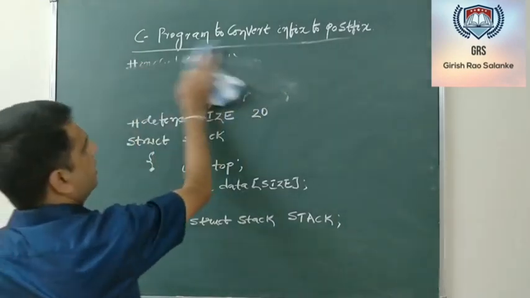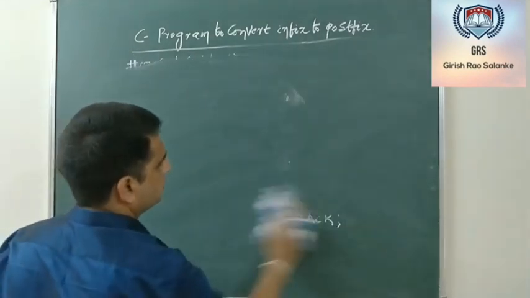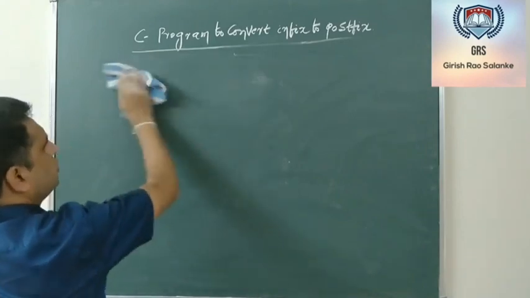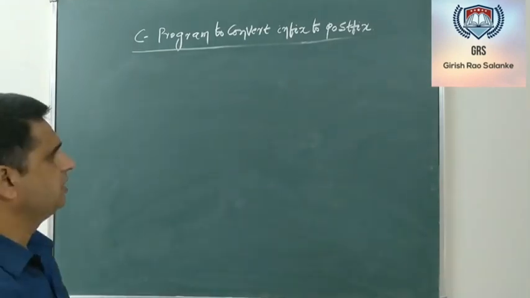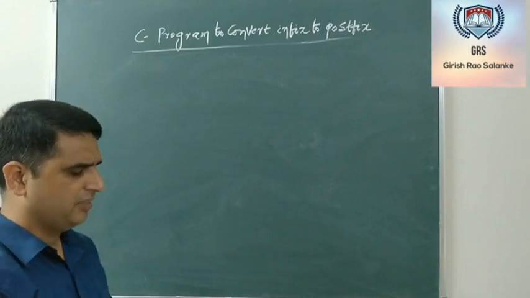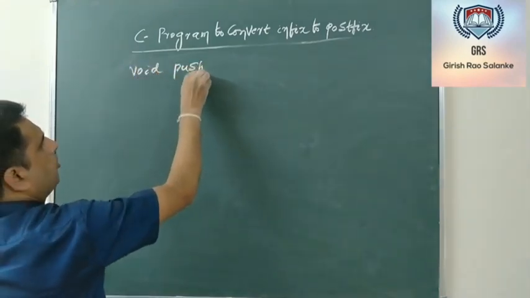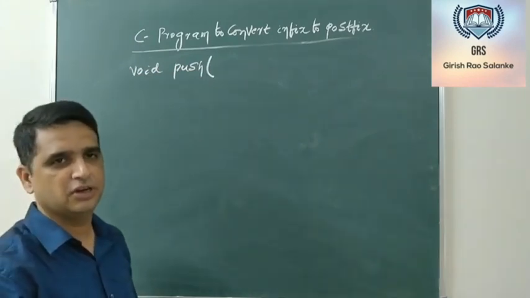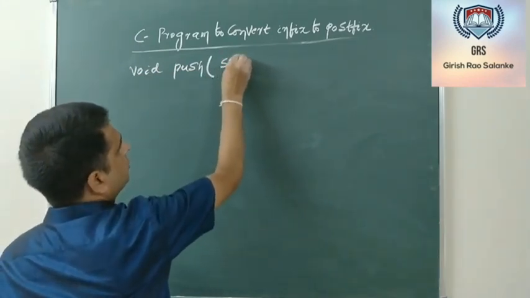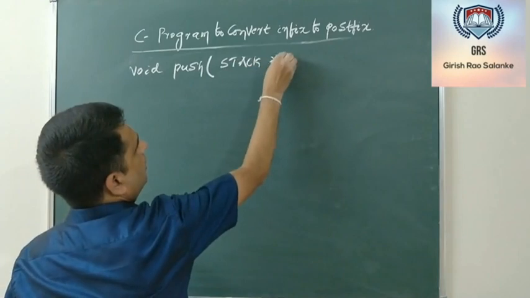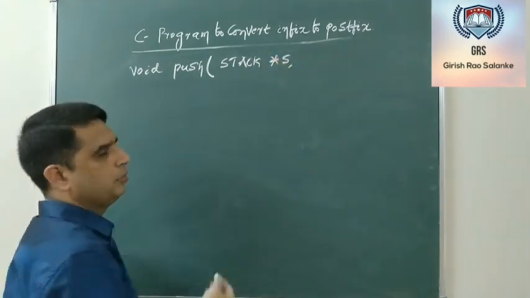Now we need to write a push function. We already discussed this push function in the previous video. It's just one line, so we'll write void push. The first argument to the push function was the reference of the stack, STACK *s, comma, and the item to be pushed.